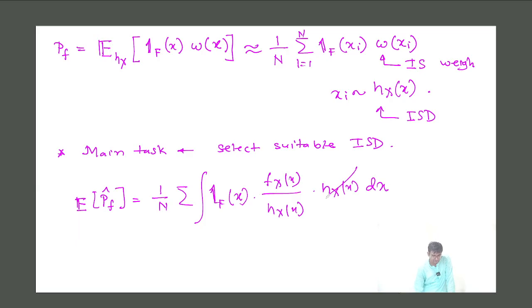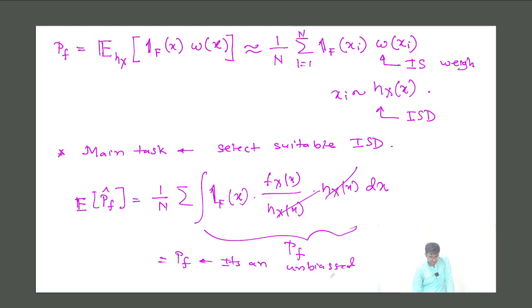This is equal to your P f. So, this total thing is equal to P f, therefore, it is an unbiased estimator. Okay. Right? Clear?